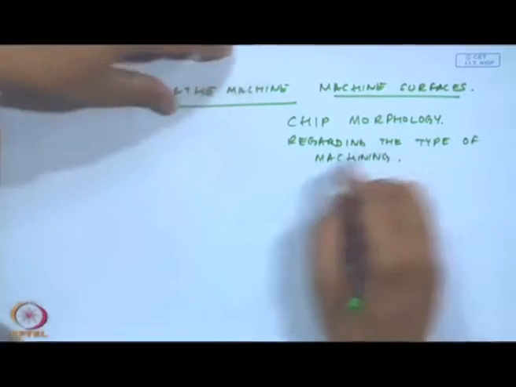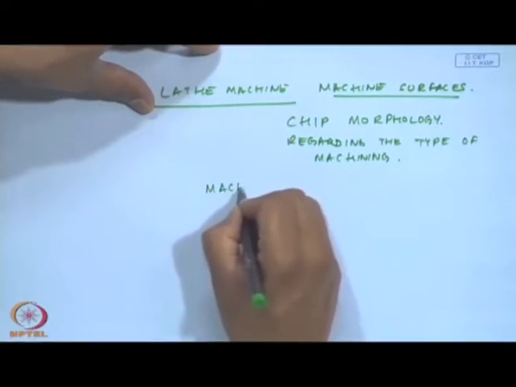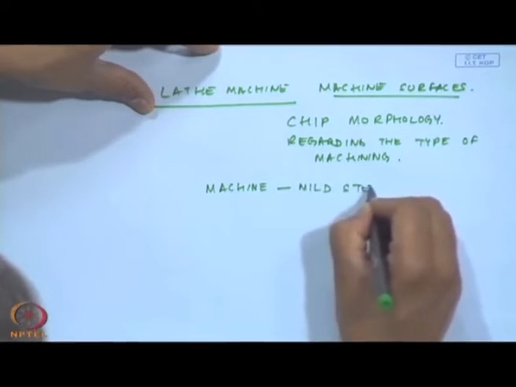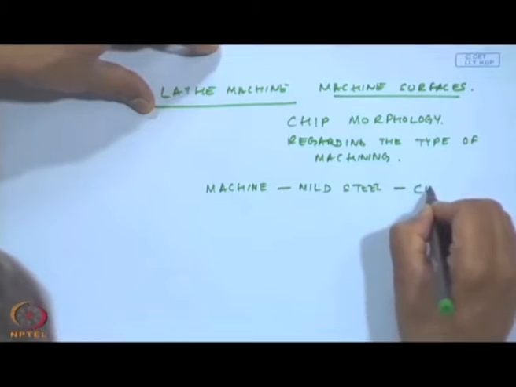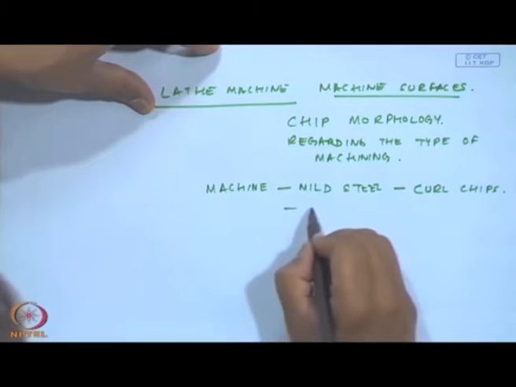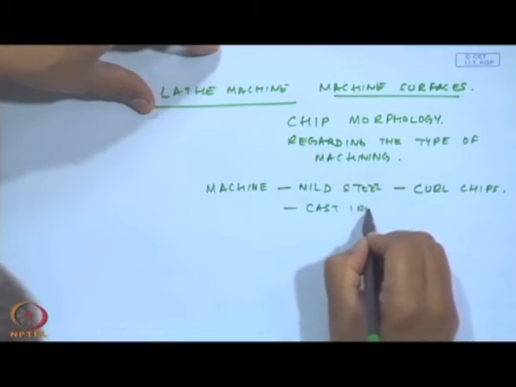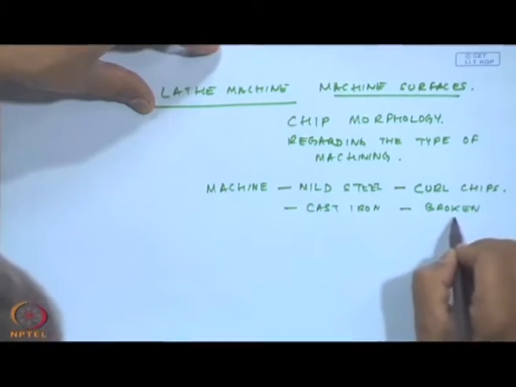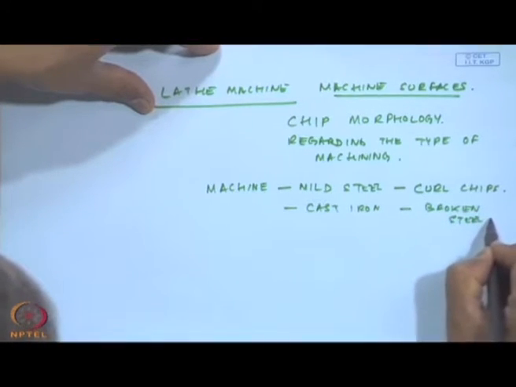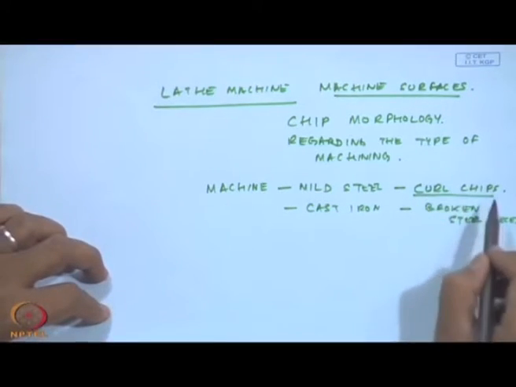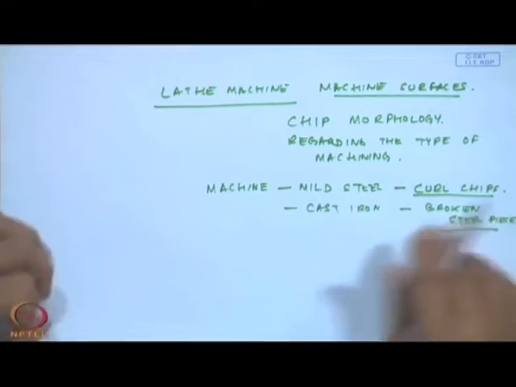I am sure all of you must have seen, while you machine a mild steel specimen, you will get curled chips. When you have cast iron, you will get broken steel pieces. There is no continuous strip here, but here you will get broken pieces. So, this tells us about the operation.